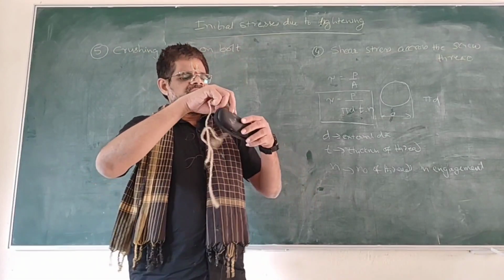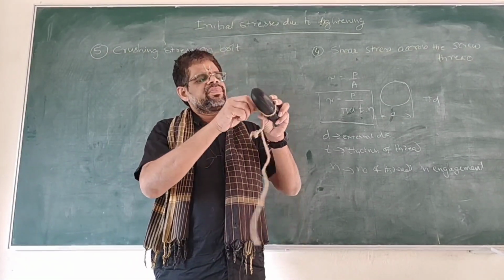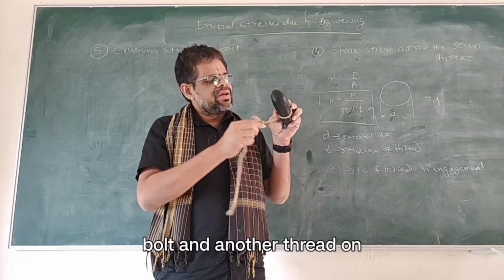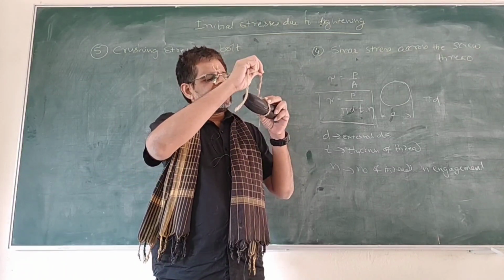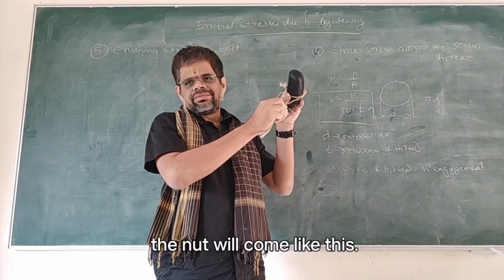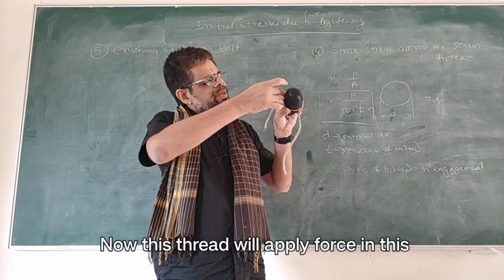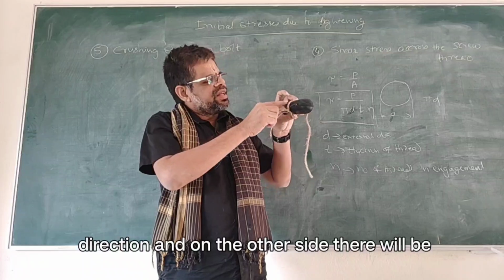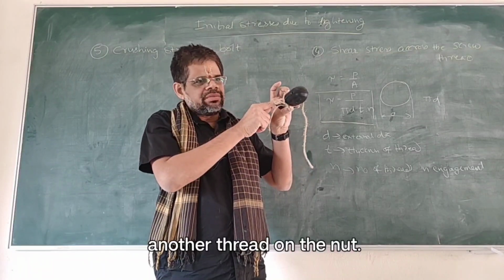In the same way, when two threads are in engagement, see, for example, if this is the thread on the bolt, another thread on the nut will come like this. Now this thread will apply force in this direction, and on the other side there will be another thread of the nut.